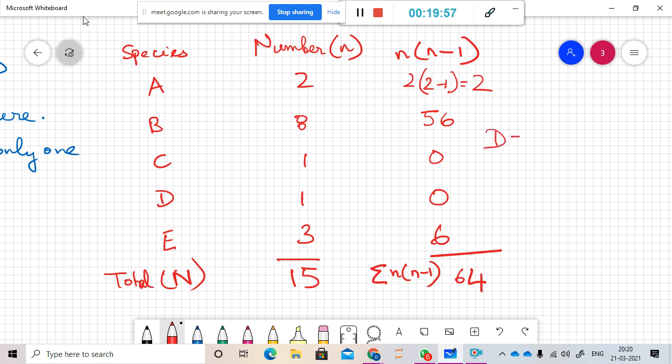So now we are going to put this into the Simpsons diversity index value, the D value. Sigma n into n minus 1 divided by capital N into capital N minus 1. That is 64 divided by 15 into 14, since N is 15 and N minus 1 is 14.